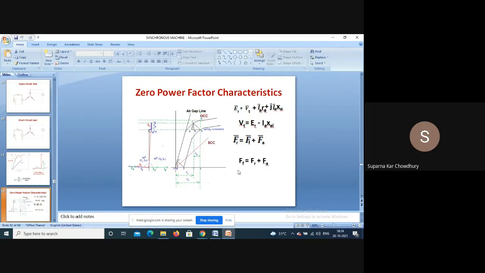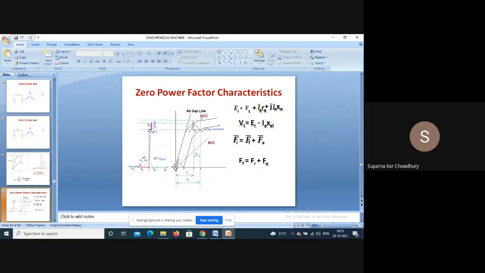So normally it is performed at one point, that is rated voltage. So this triangle, if we shift it here at the base, should fit like this.